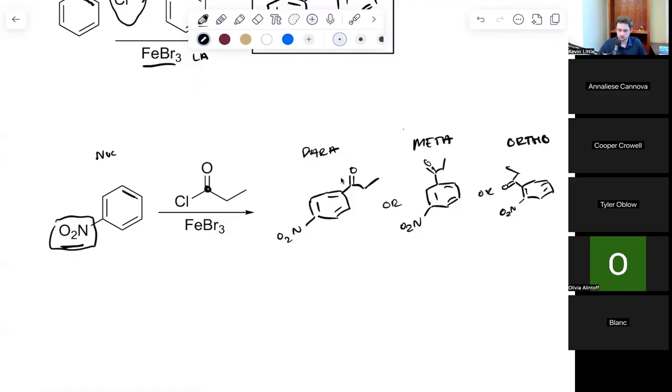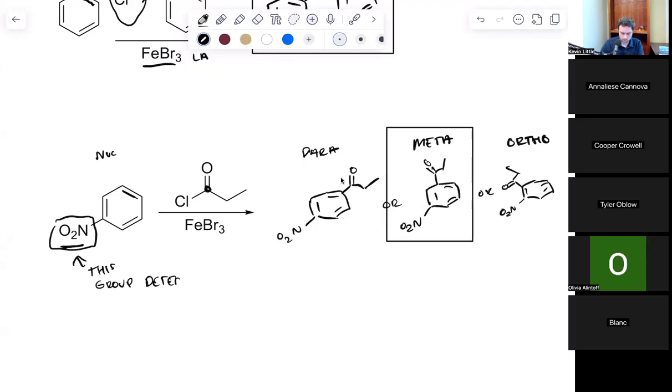It's going to exclusively add meta. So for this question, that will be your answer. It's going to be the meta. You don't have to put the para and ortho. But the electronic nature of this group determines where you add the next thing.